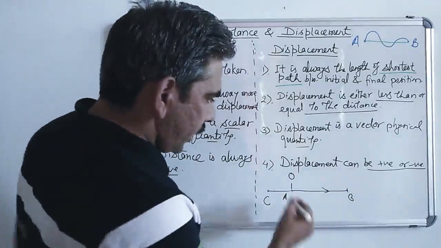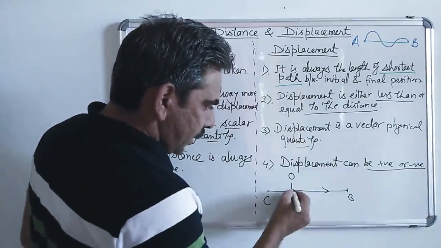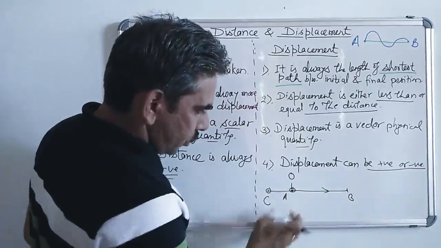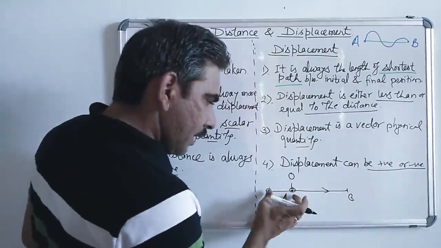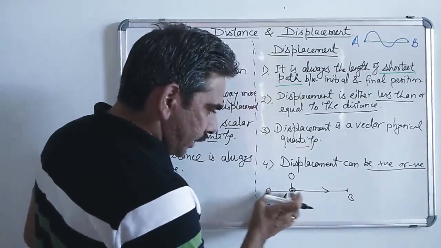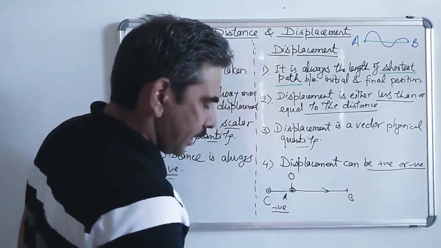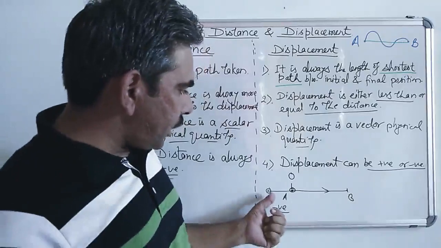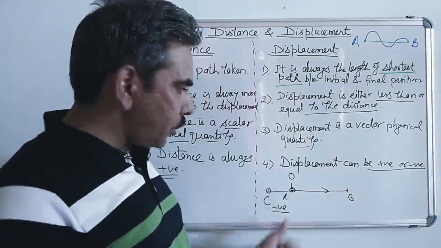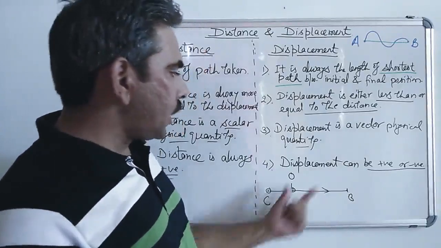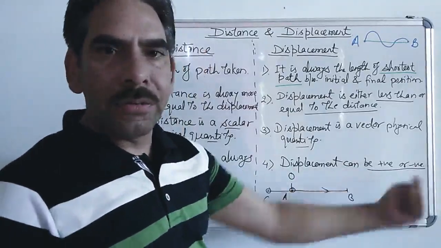The net displacement is the difference of the initial and final position, and whatever the length of this straight line distance is, we take it to be negative. So the displacement is negative because the final position lies opposite to the initial direction. This is how displacement can also have a negative value.